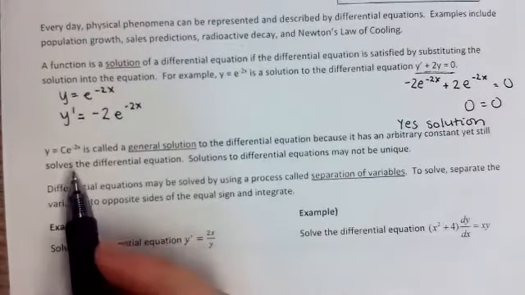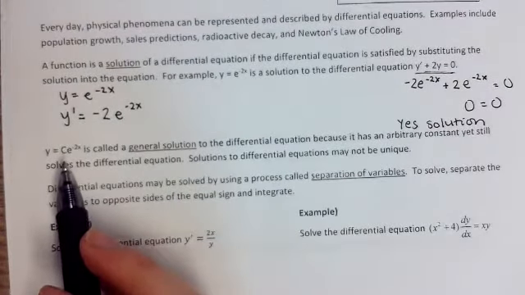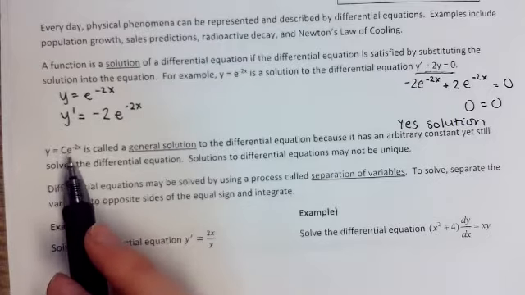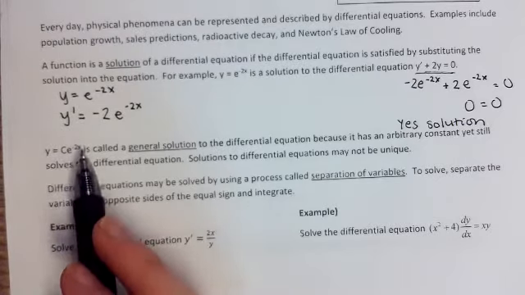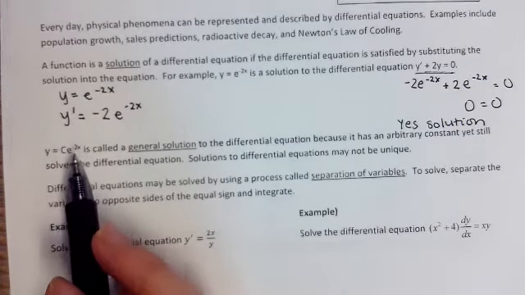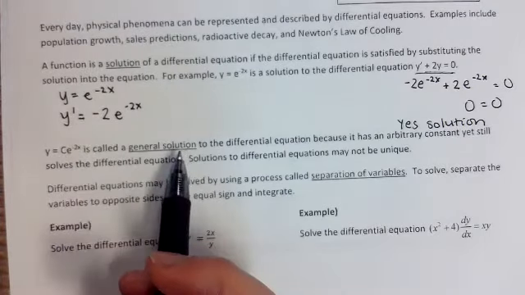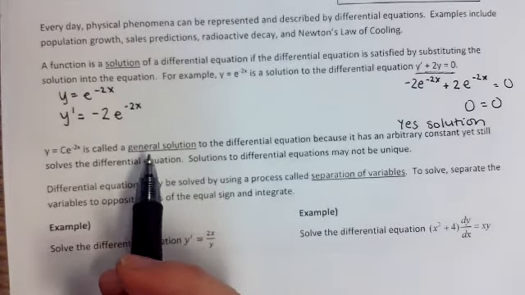As we saw last time with the exponential growth or decay, we had this solution, Ce to the kx or kt. And that's a general solution because we don't know what C is.